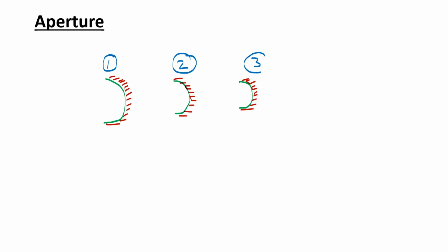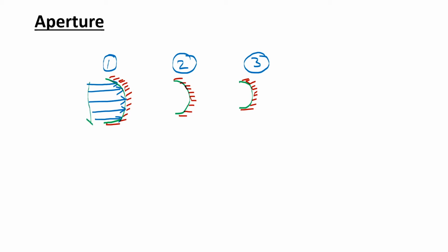What do you mean by aperture of a spherical mirror? Let me draw 3 concave mirrors. Say this mirror to be mirror 1, this mirror to be mirror 2 and let this be mirror 3. Aperture of mirror 1 will be this much region where it is exposed to light. Therefore, you can call the aperture is this length.